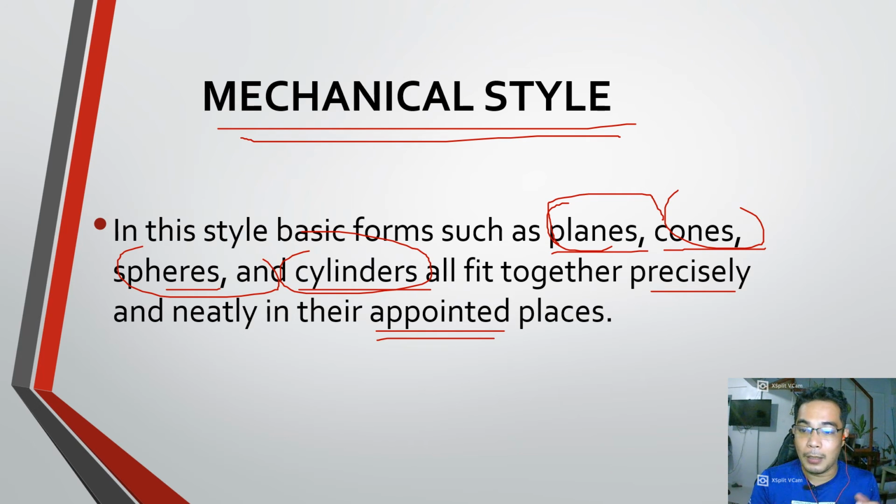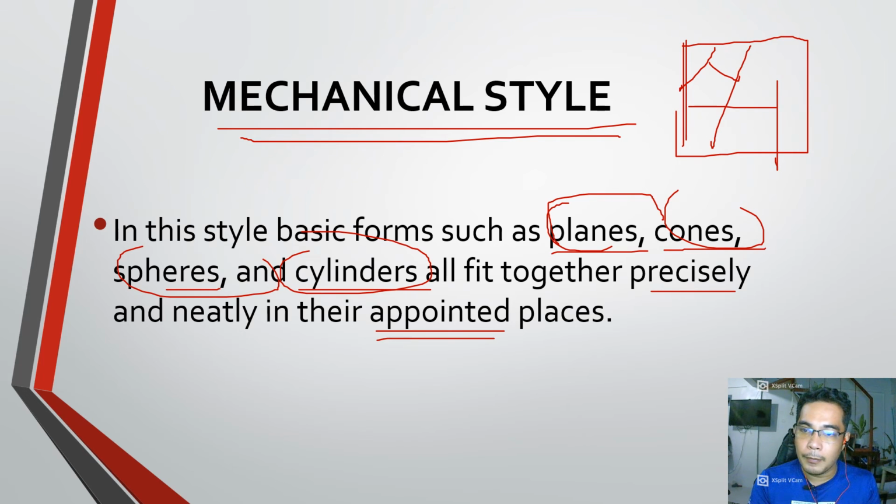Okay? For example, a building, kailangan rectangle ang building. Okay? Kung bola, kailangan bilog ang bola. Okay? Sa cubism kasi, basta hati-hatiin mo. For example, this one, sa cubism to ha, ito ang subject ko. Hati-hatiin ko lang siya sa iba't ibang shape.